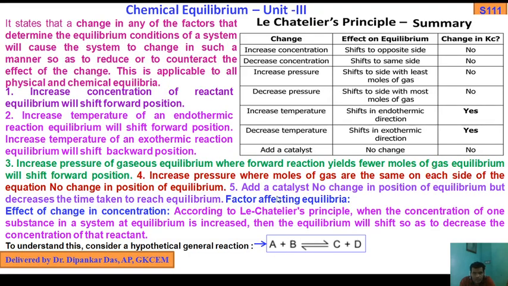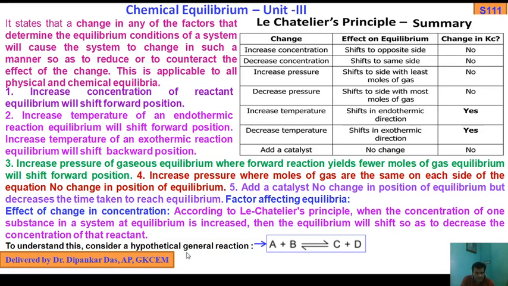According to Le Chatelier's principle, when the concentration of one substance in a system at equilibrium is increased, then the equilibrium will shift so as to decrease the concentration of that reactant.